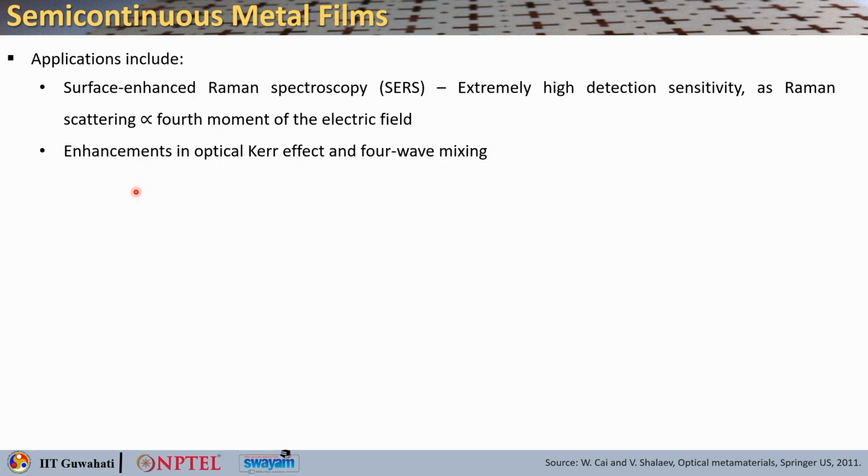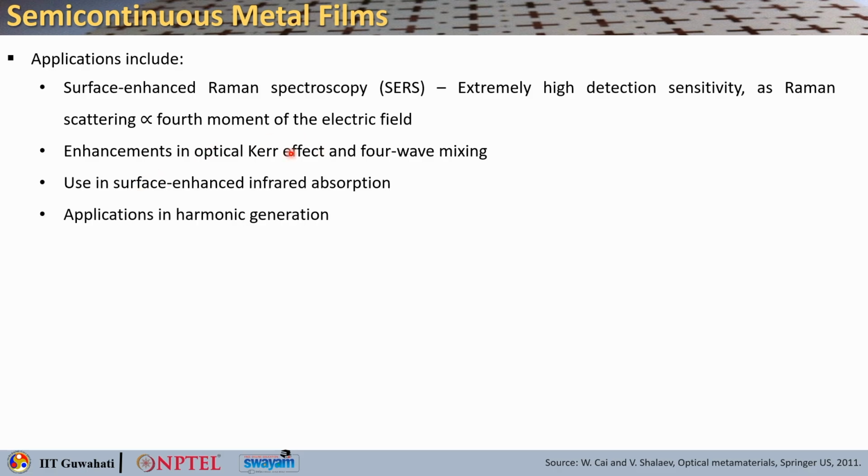You can also use semi continuous metallic films in optical data recording and mid infrared filters. You can use them for the optical Kerr effect, 4-wave mixing, these kinds of nonlinear effects. They can be used for surface enhanced infrared absorption, for harmonic generation, and for integration with photovoltaic devices.